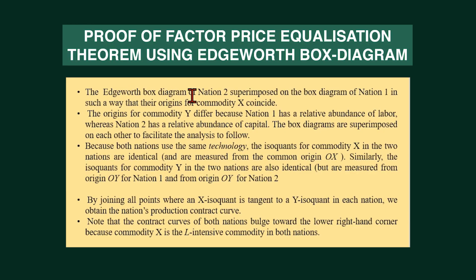What we will do is superimpose the Edgeworth box of country 2 on the Edgeworth box of country 1 in such a way that the origin of good X coincides for both the countries. Now, to understand this proof, we see that since both the countries have the same technology, the isoquants of commodity X in both the countries are identical and are measured along a common origin, that is OX.